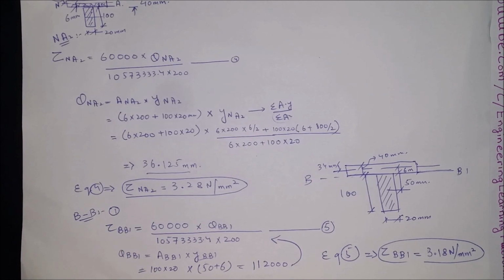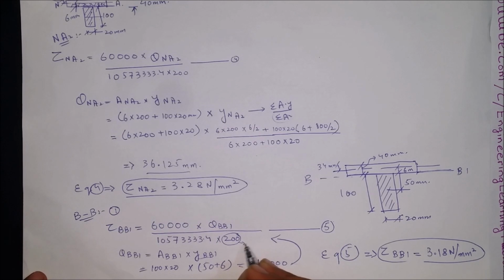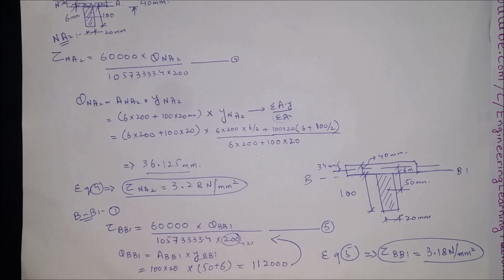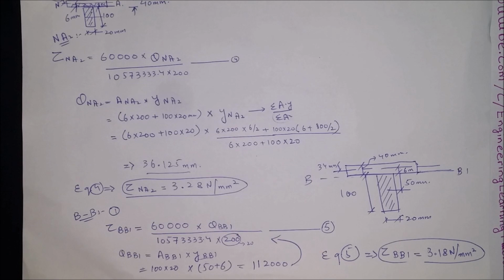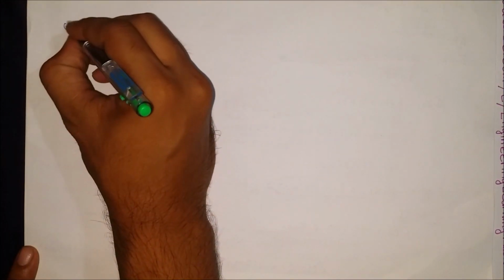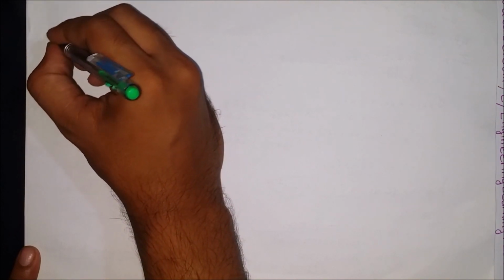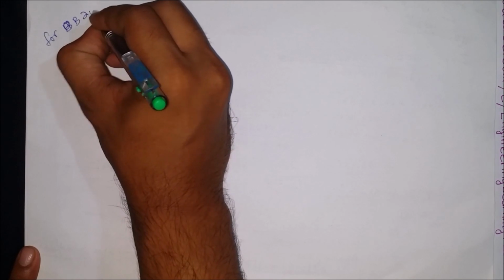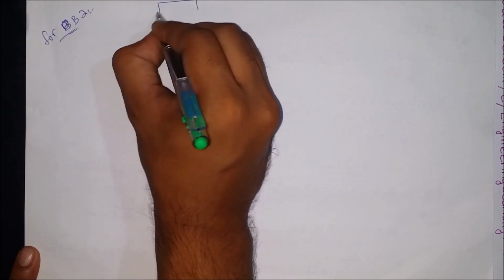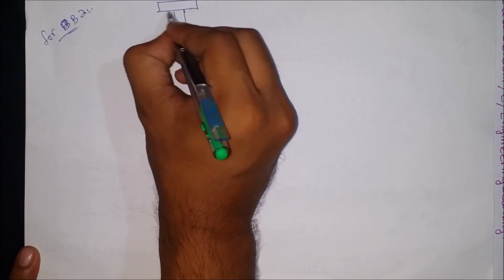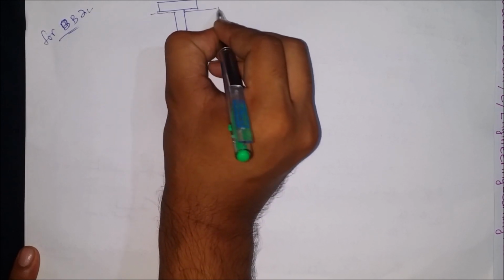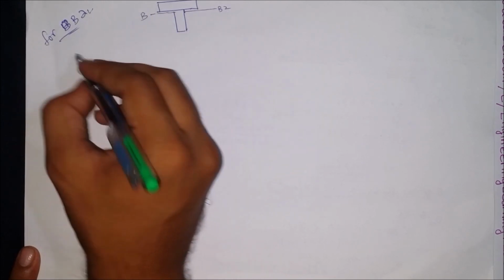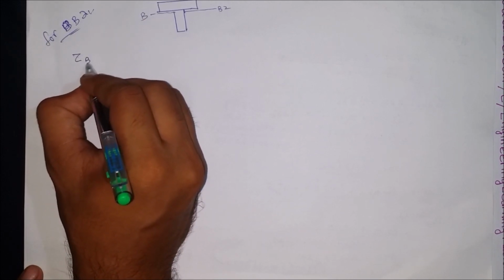Now we'll repeat the procedure for fiber BB by using thickness as 20 millimeter. For fiber BB2, that is due to thickness 20 millimeters, the values will remain the same.